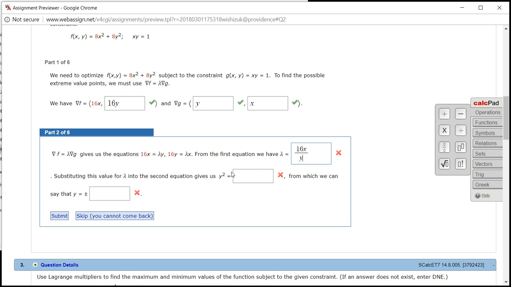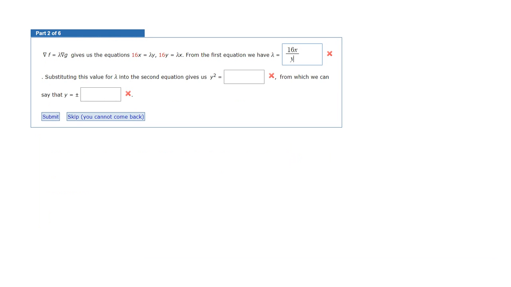Hold on a sec. We're going to plug this right into the equation here, so we have lambda there. This is going to give us 16y is equal to 16x over y, multiplied by x.